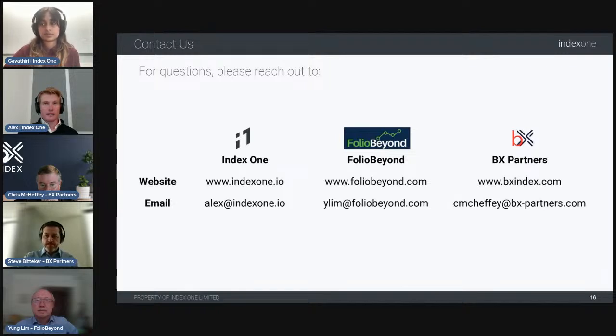We have a user-facing platform that's very intuitive to use, and our clients and partners can self-construct and manage indices on their own accord. It minimizes back and forth between the user of the index or the index creator and the platform provider or calculation agent, which is us, and makes things a lot smoother.